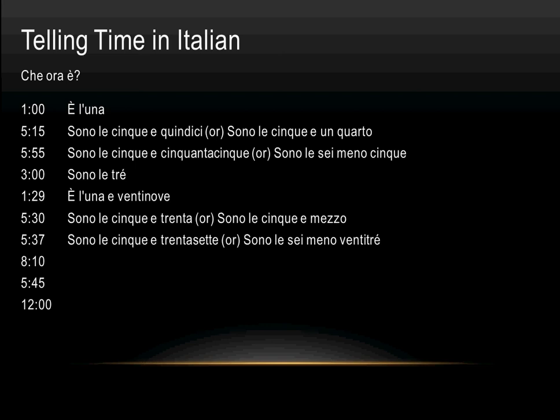Okay, if it's 8:10, "sono le 8 e 10." Facile, no? Simply express the hour, "sono le 8," and the minutes as a number without an article. "Sono le 8 e 10." It's 8 and 10, or it's 8:10.